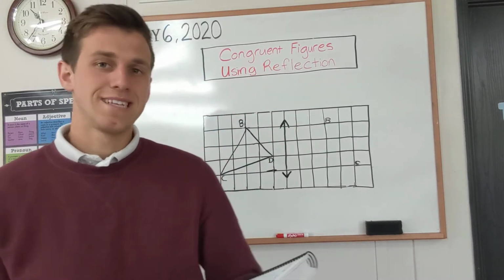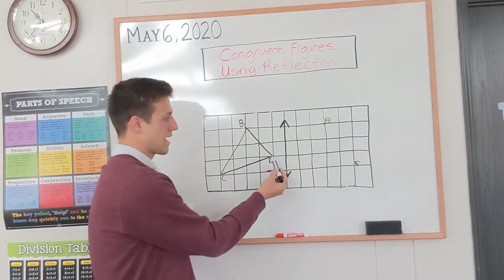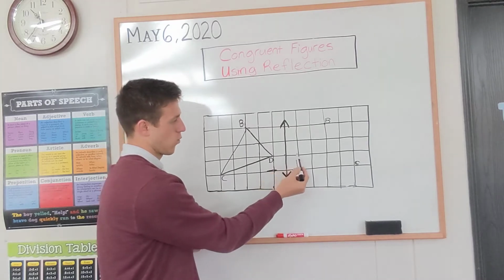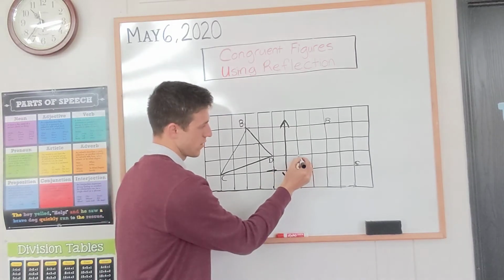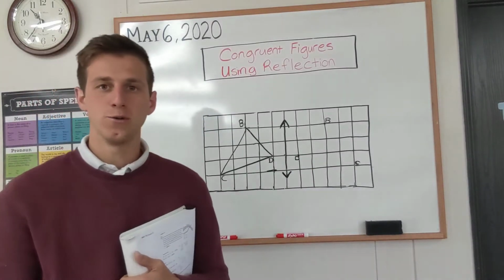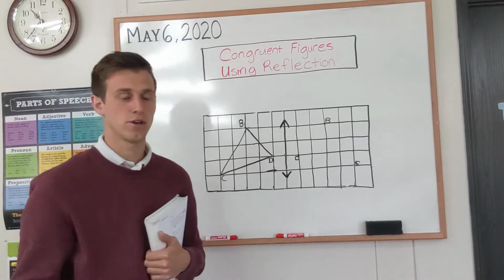All right, then we're going to do the same thing for our last point, which is D. We simply have 1 unit to our line of reflection, so we're going to count 1 on the opposite side, and we're going to label this one D. Now all we have to do is connect our points, and we're going to have a congruent shape.